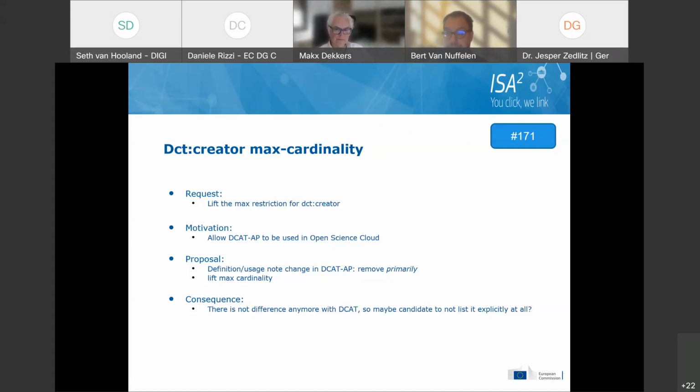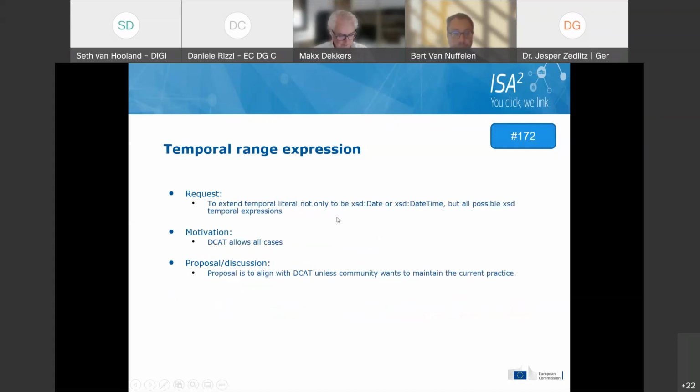Okay. So is there any objection to lifting the max cardinality? So no objections. Okay, so we can execute this proposal too.